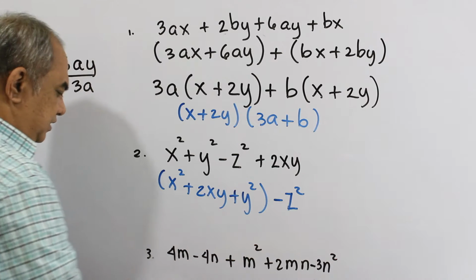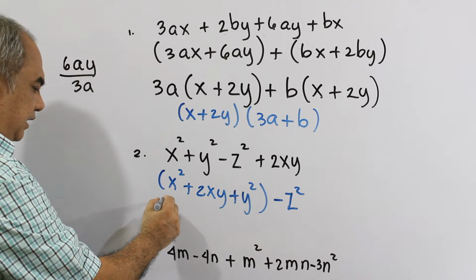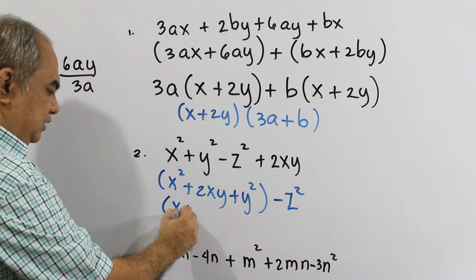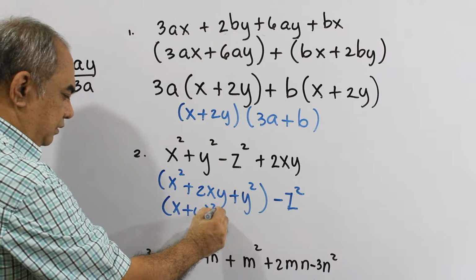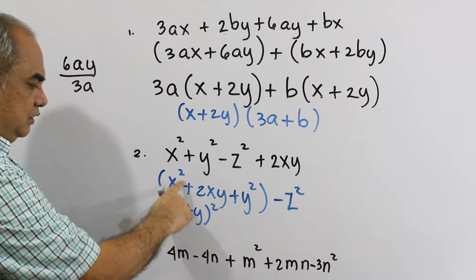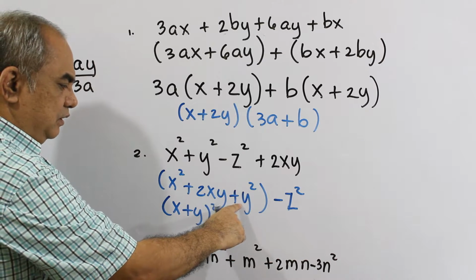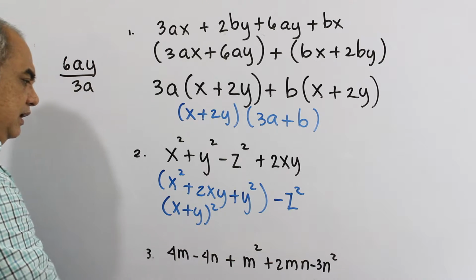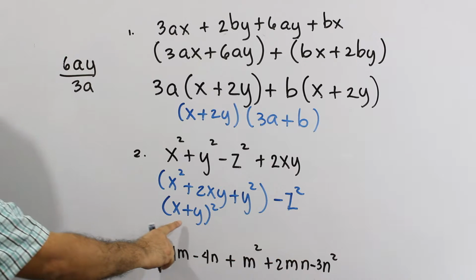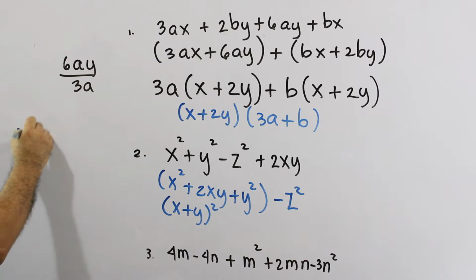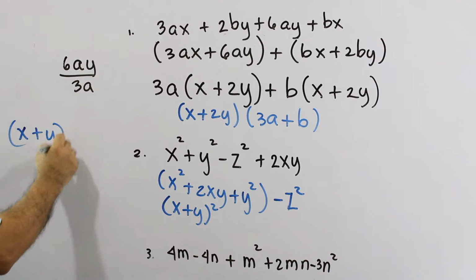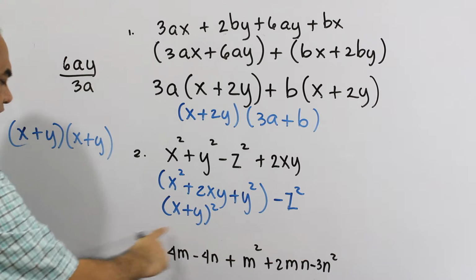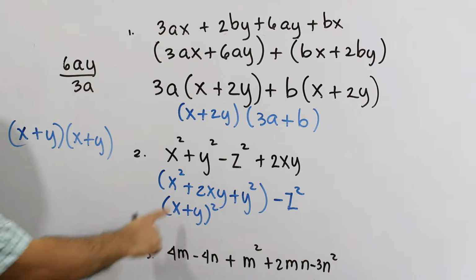Let's solve this first. The factor of x squared plus 2xy plus y squared is x plus y squared. Let's try to check. If we expand this, x plus y multiplied by itself, let's check if the expansion of this binomial will be equal to this.